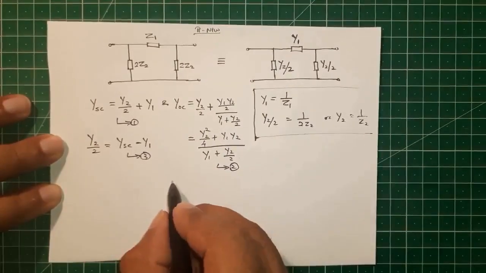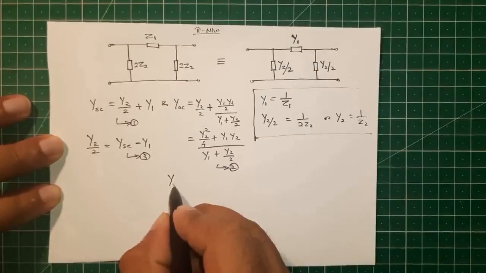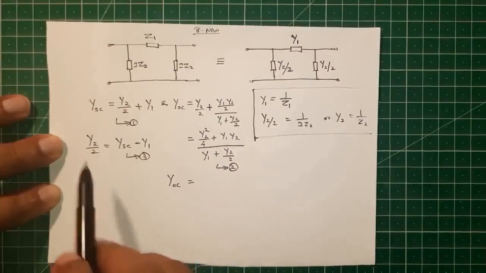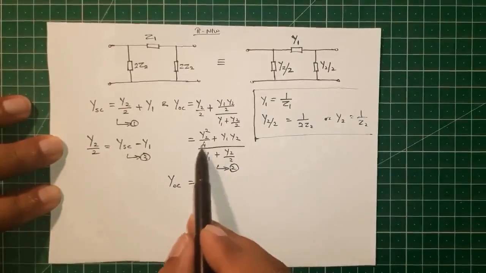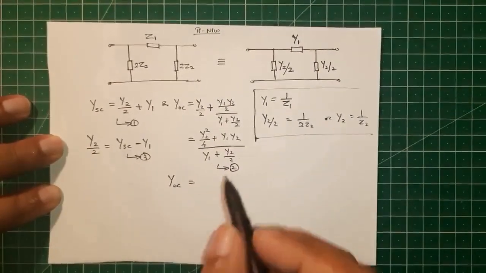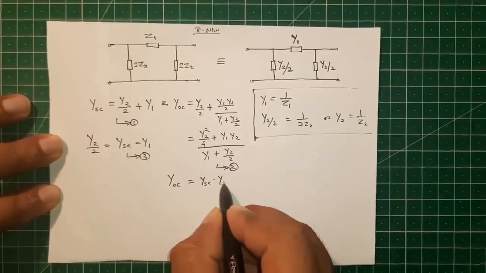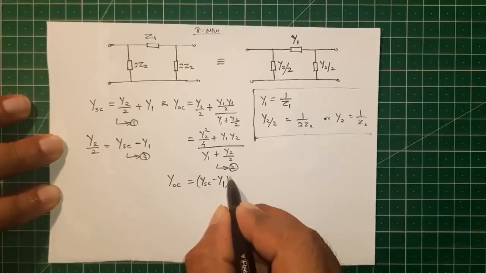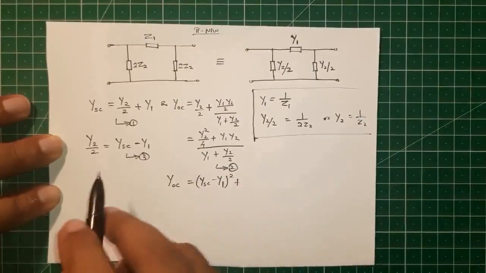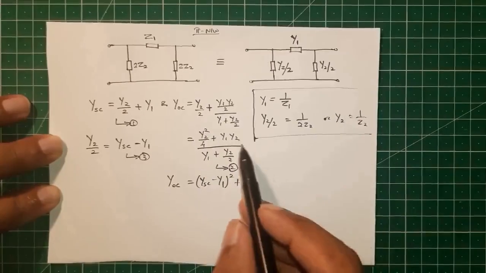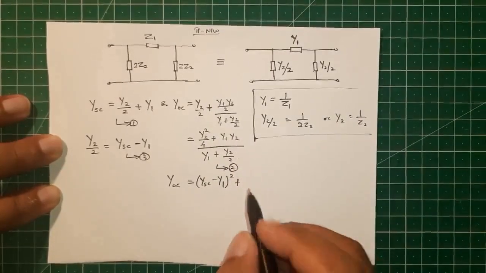So we have the open circuit admittance YOC equal to, so this is Y2 square by 4, which will be replaced by YSC minus Y1 the whole square, plus, what is Y2? Y2 is twice of YSC minus Y1. So replace Y2 with that expression.